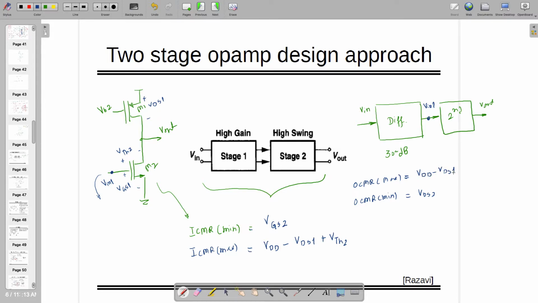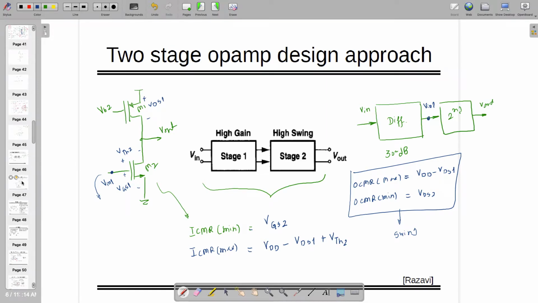VDS1, right? So it's very simple, OCMR and ICMR. OCMR is actually deciding the swing, so you are going to have the higher swing. Very easily you can make these transistors saturated because there are only two. You can easily achieve more than 250 millivolts, right?